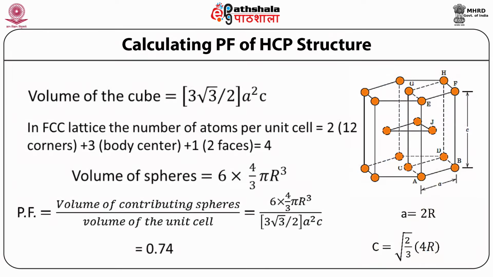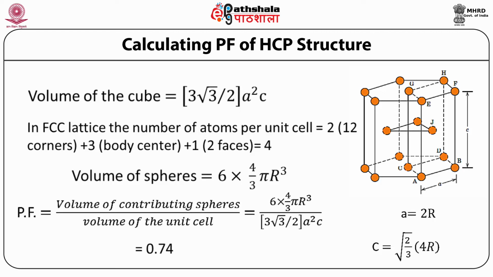Similarly, this is another type of structure which is called HCP structure. So here also we do the same thing. We just find out how many atoms are inside this hexagonal unit cell and the total volume of the hexagon.